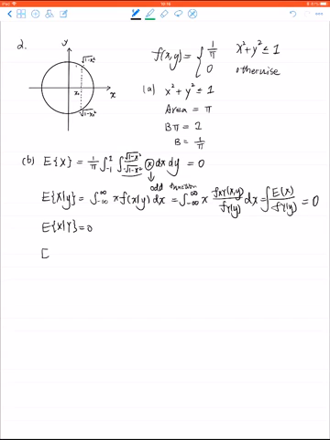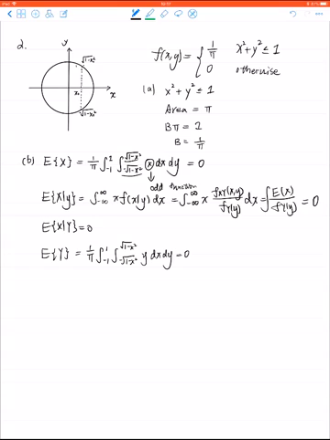Then we have to figure out E[Y]. E[Y] equals 1 divided by pi, the integral from -1 to 1, integral from minus the square root to the positive square root, of y dx dy.